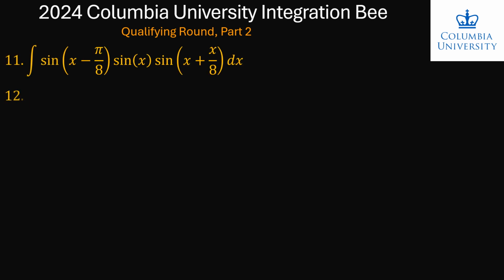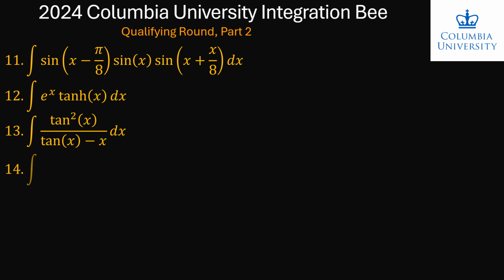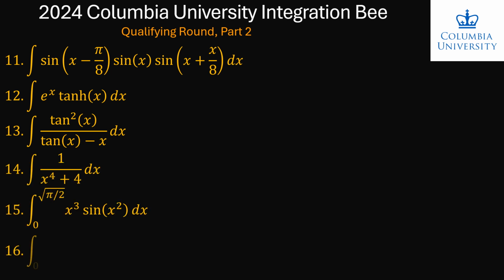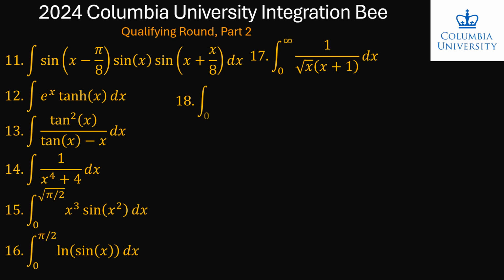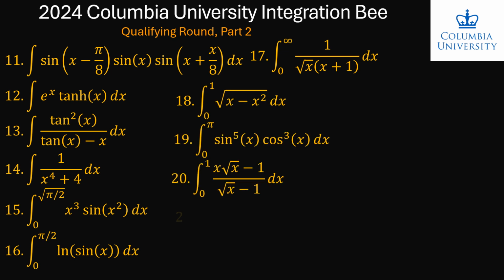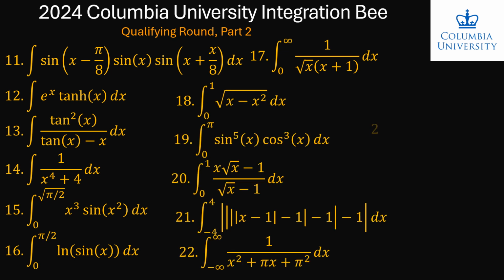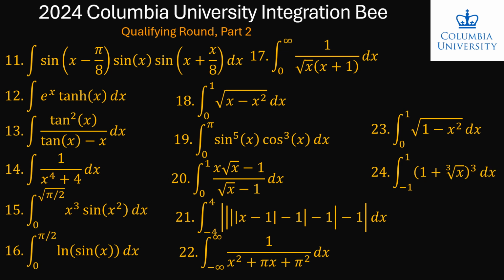In this round, we'll be looking at the remaining 14 problems: problem 11 through problem 24. I hope as we solve these problems, you will stick around with us and follow through.